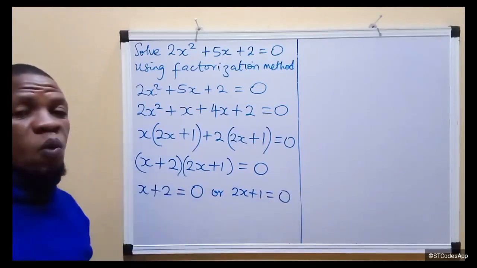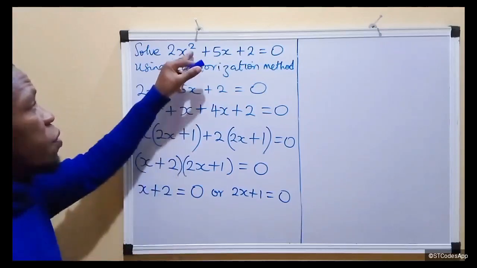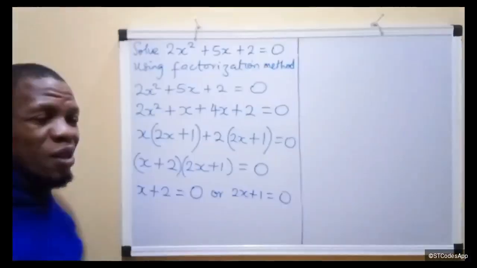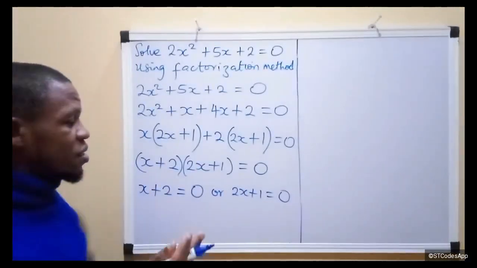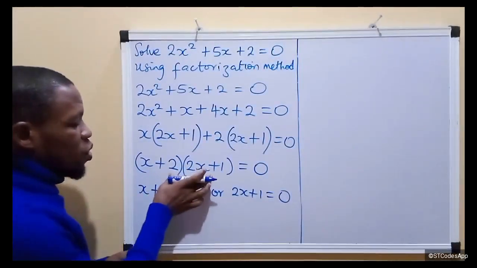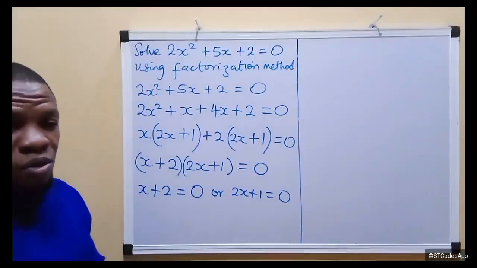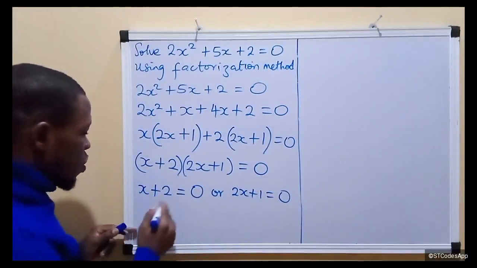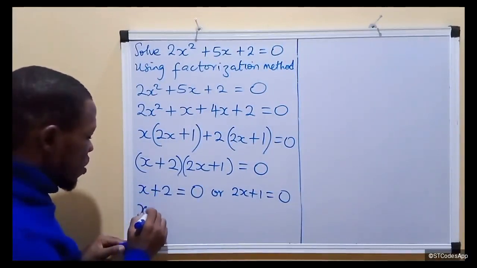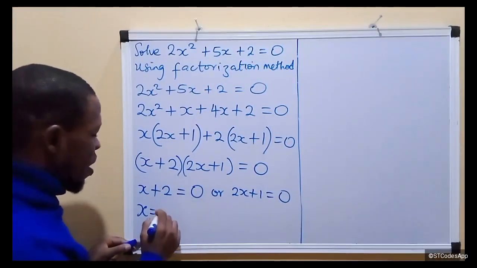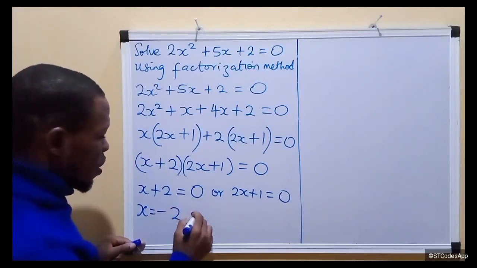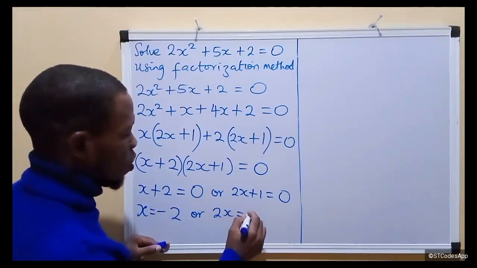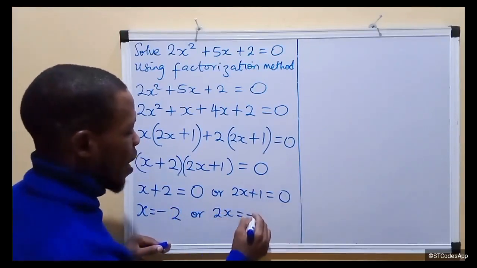Now remember that this is a quadratic equation, which means that it is of degree 2. What it also means is that we are going to have two answers, just like we've got two factors, which is going to give us two roots. So each one gives us a root. So let's solve for this. This is going to be x is equal to, crossing this over to the other side, minus 2. And then in this other case, we'll have 2x is equal to, crossing 1 over to the other side, minus 1.